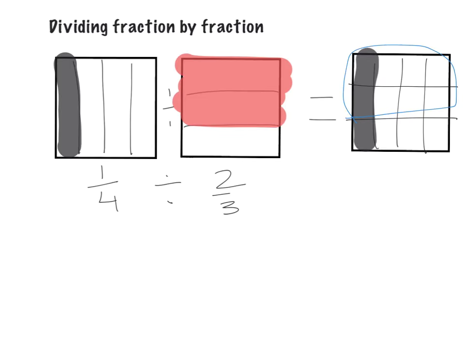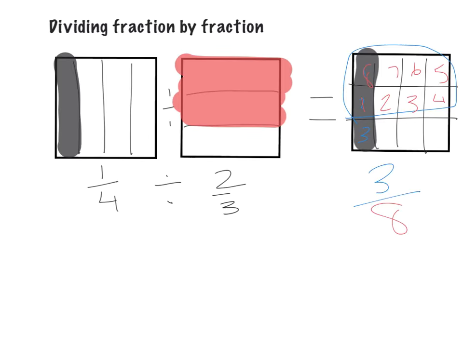So the way this is going to work is our numerator is going to represent our squares that are shaded in. So I have 1, 2, 3 squares that are shaded in. That's the numerator. The denominator is going to be the number that is circled. So 1, 2, 3, 4, 5, 6, 7, 8 becomes the denominator.